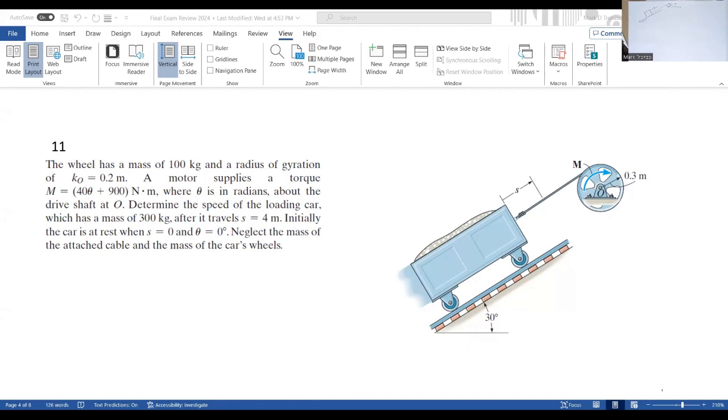And again, the mass moment is about the drive shaft O. Determine the speed of the loaded car, which has a mass of 300 kilograms, after it travels 4 meters. It's initially at rest, at S equals 0, and theta is 0 degrees. Neglect the mass of the attached cable and the mass of the car wheels.